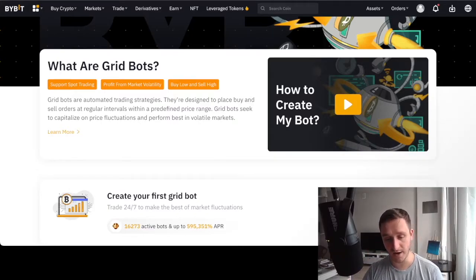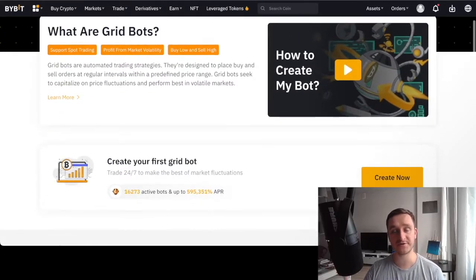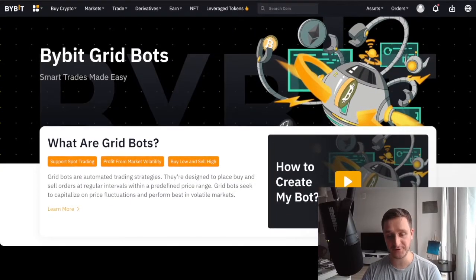It's not really hard, but in order to have good parameters for the bot, you need to think about where is the point of breaking down, and where is the line of support and stuff like that. So there's a bunch of parameters that go into grid bots. Really recommend watching the tutorial about the grid bots. I probably will cover grid bots in another video as well, in more detail.